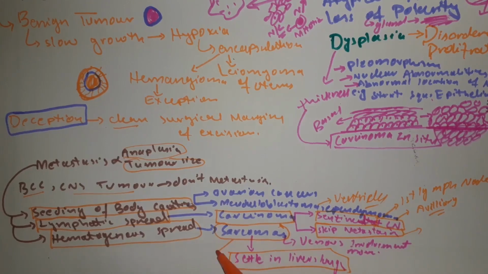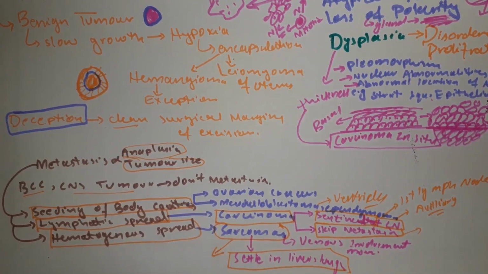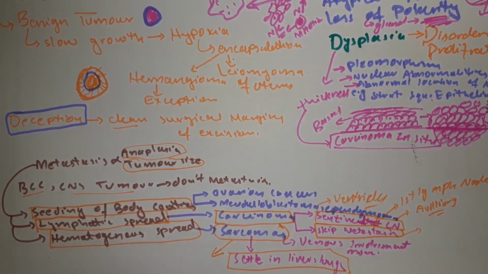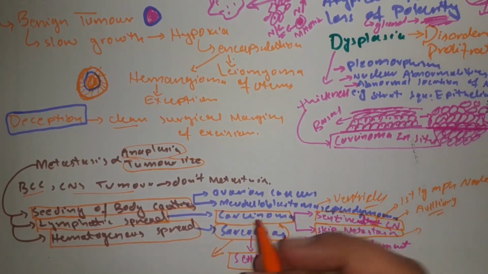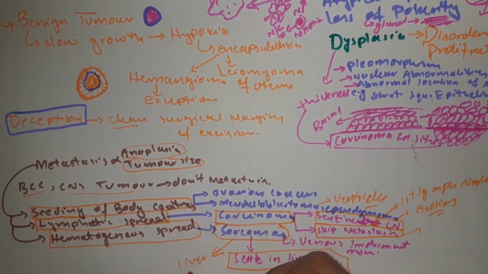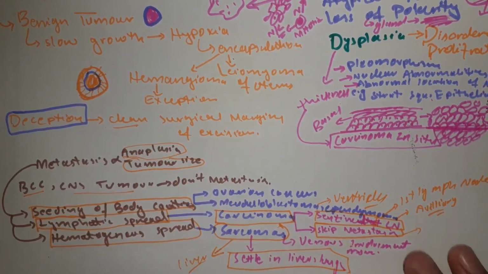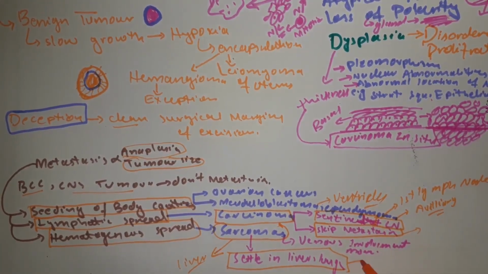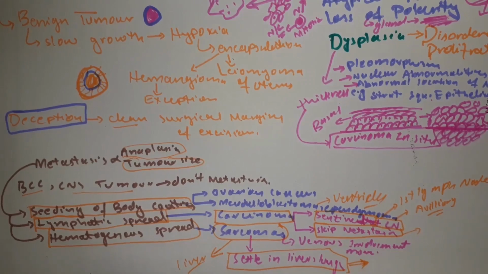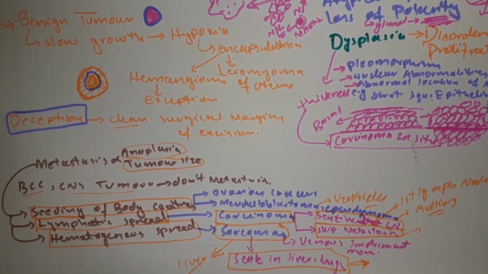For example, sarcomas which drain into the portal veins mostly go into the liver, and sarcomas which enter the caval blood vessels go into the heart, and from the heart they move to the lungs. So they basically settle in the first capillary bed they encounter, which is mostly liver or lungs.